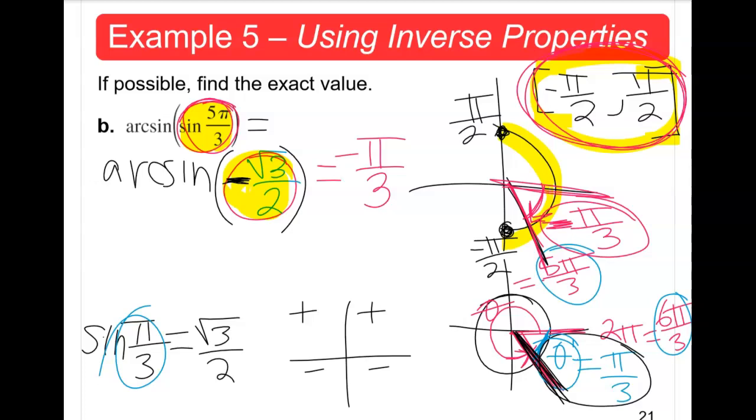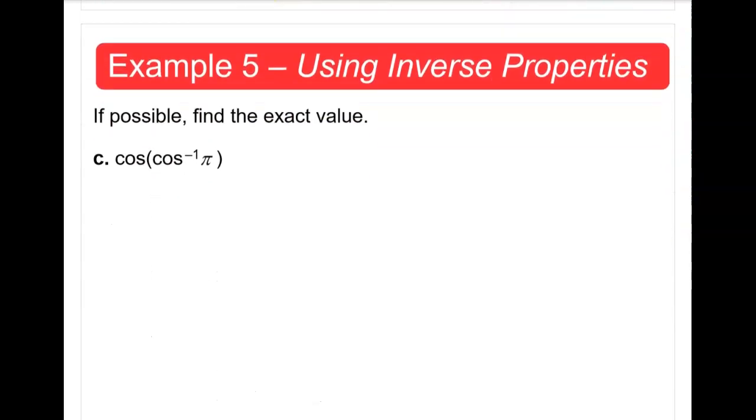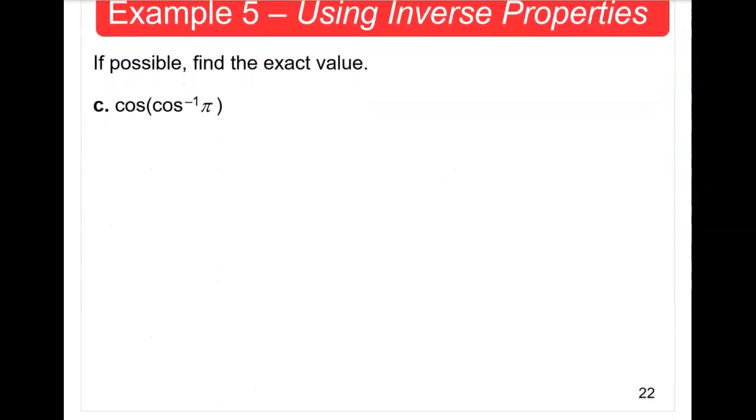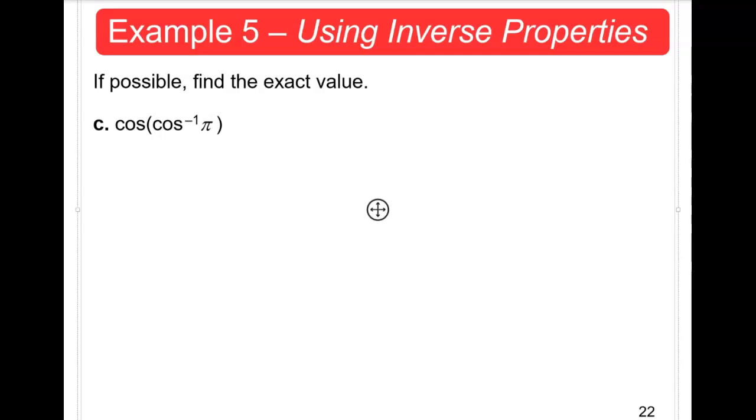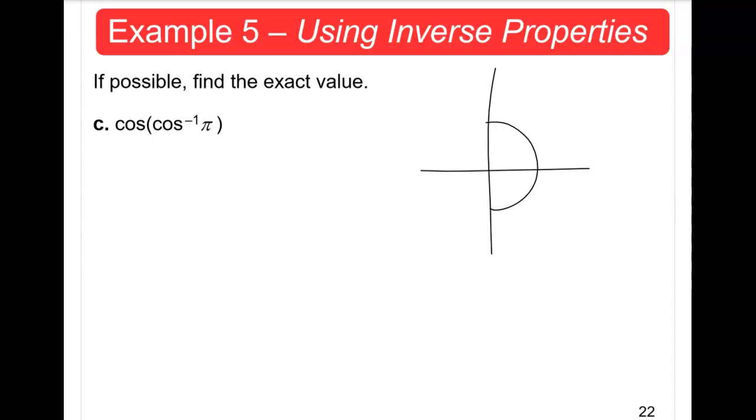Let's move on to our next question, and this is with cosine inverse. Now let's think about what cosine inverse was, how it was defined, and what the range was going to be. That is based on how we restricted the domain for cosine in terms of the unit circle.